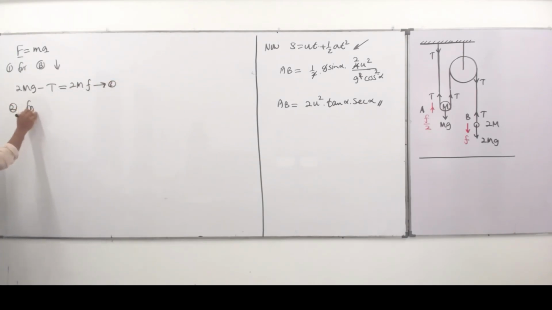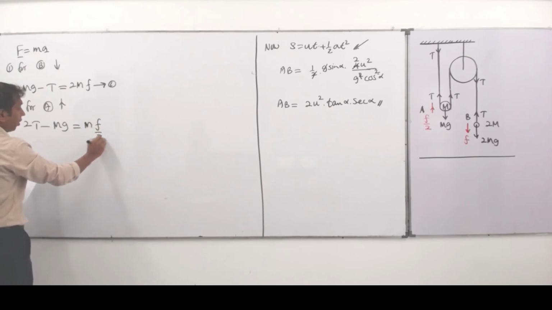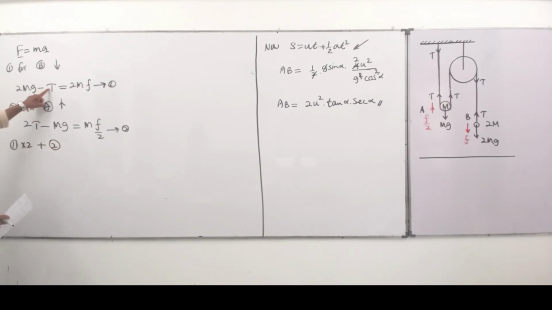Number 2, for capital M upwards, 2T minus mg equals m times f by 2, number 2. Correct, no? Then multiplying number 1 by 2 and adding that with number 2. Multiply this by 2, minus 2T, 2T. We can cancel now. Here 4mg minus mg, 3mg.